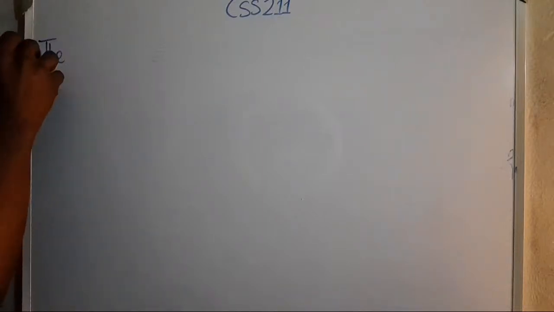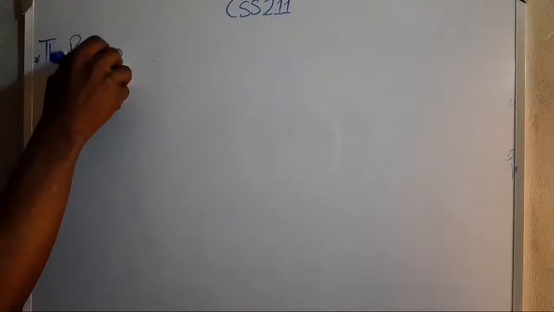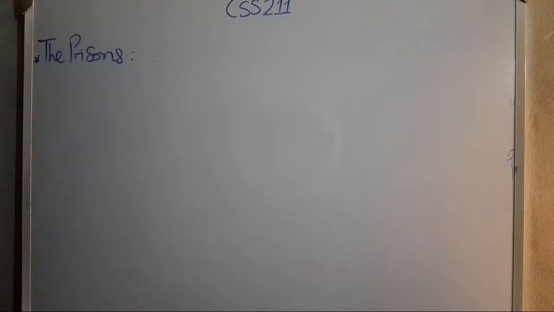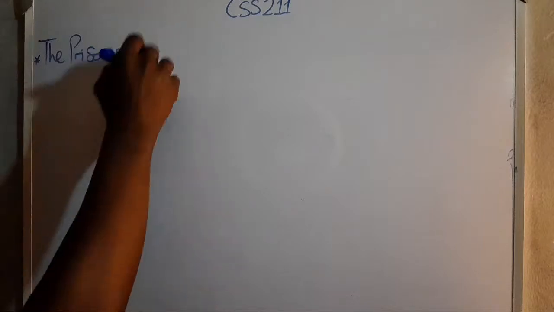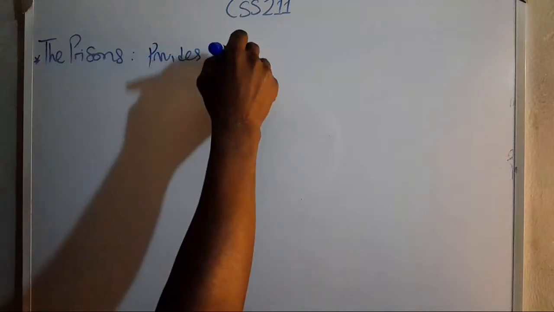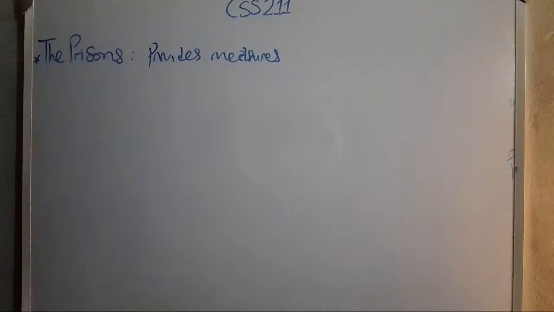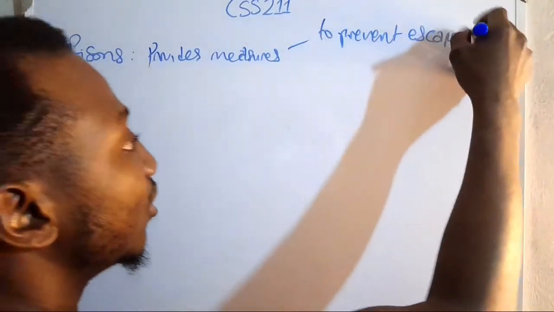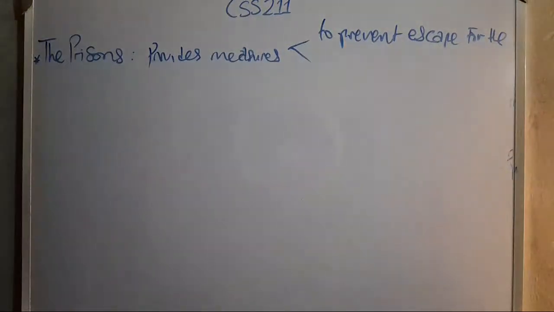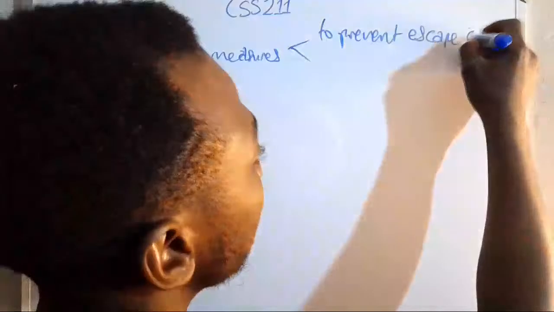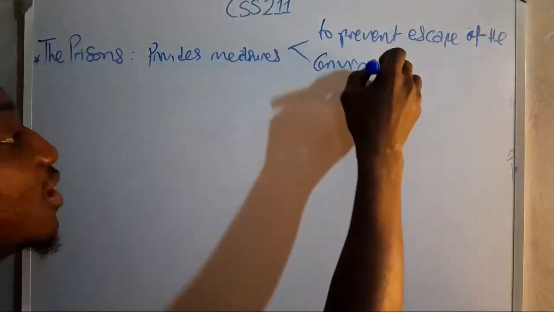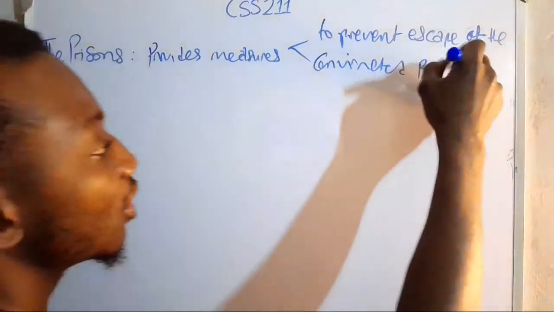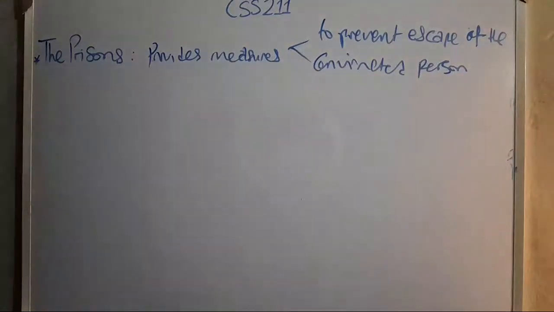So we have the prisons. The prison is responsible for carrying out measures to prevent the escape of convicted persons.